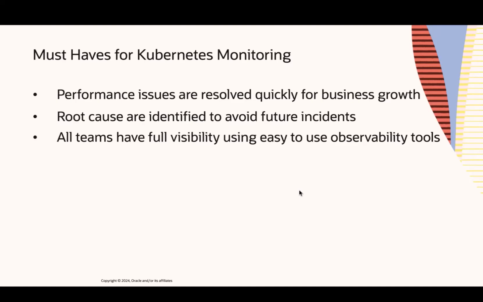And each and every team responsible for managing the infrastructure, the cloud services, platform, and applications should have ease of use. They should be provided easy to use observability tools instead of learning about the observability tools themselves. There should be an easy curated way for them to start troubleshooting and identifying these.